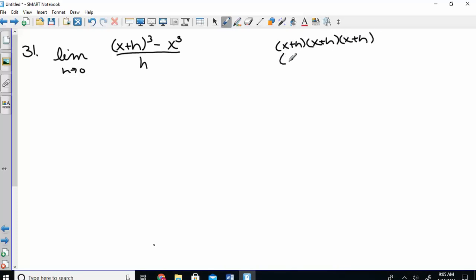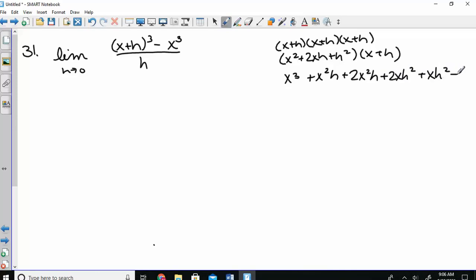If I multiply the first 2, you get x squared plus xh plus xh is 2xh plus h squared. So now if I distribute, we get x cubed plus x squared h plus 2x squared h plus 2xh squared plus xh squared plus h cubed.